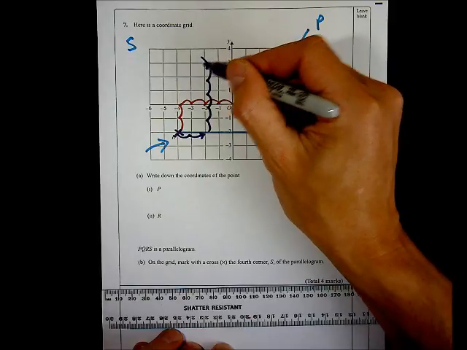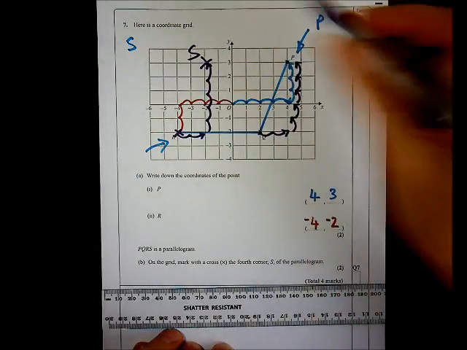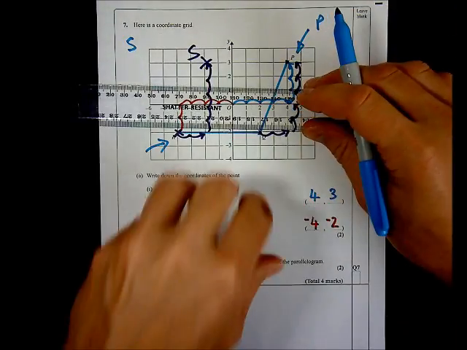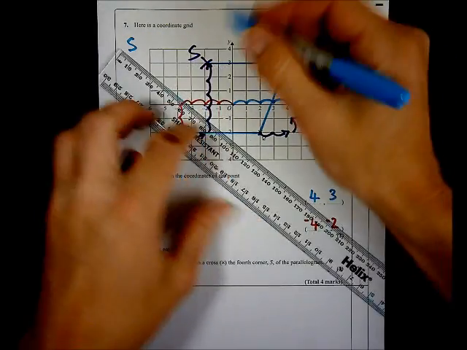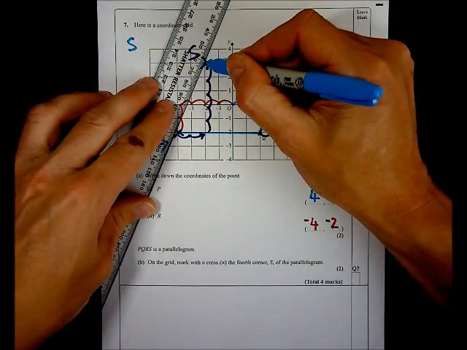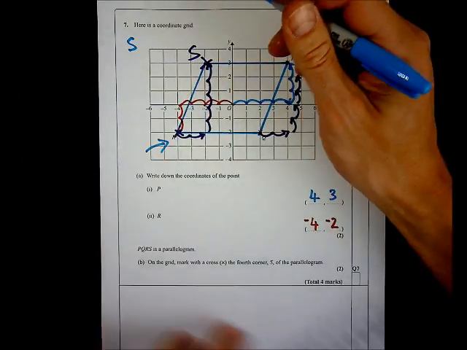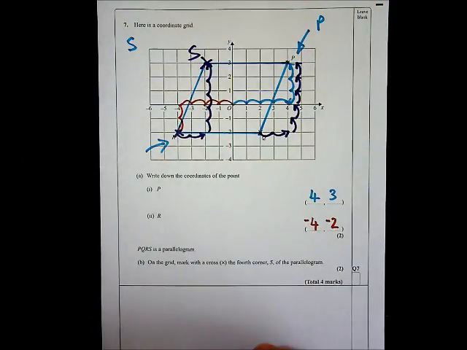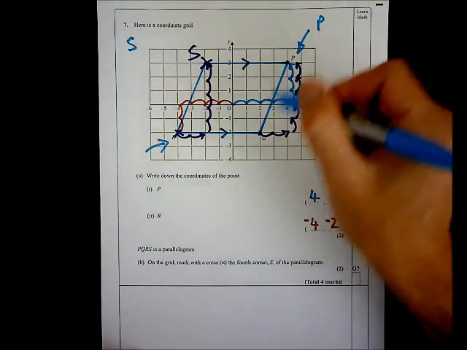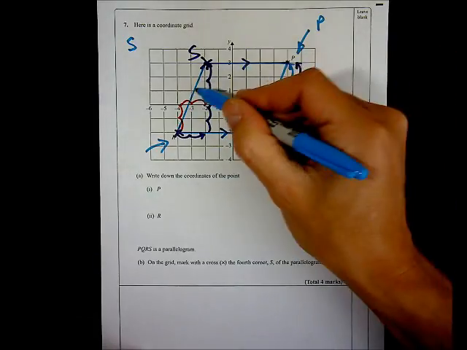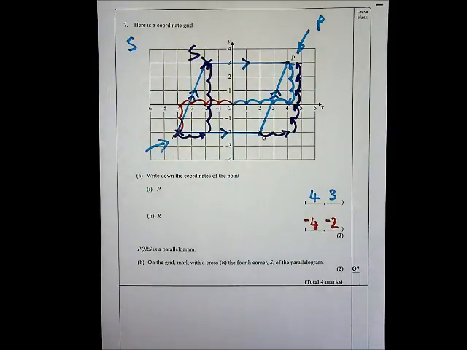And that is where the point S is. And I can just finish that off by drawing the shape. And I should see that I get a parallelogram, where these two sides are the same length and parallel, and these two sides are the same length and parallel.